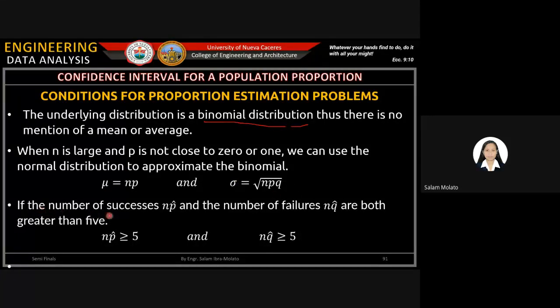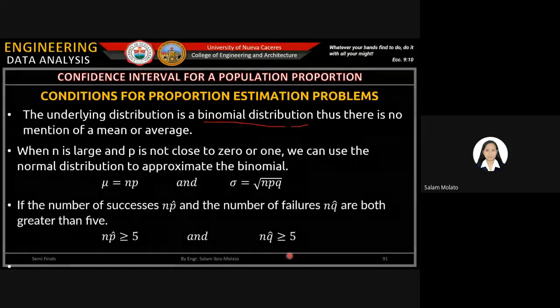Okay. If the number of successes, NP hat, and the number of failures, which is the NQ hat, are both greater than 5, so that would be NP greater than or equal to 5 and NQ greater than or equal to 5. So again, babalik tayo sa approximation of the binomial distribution.